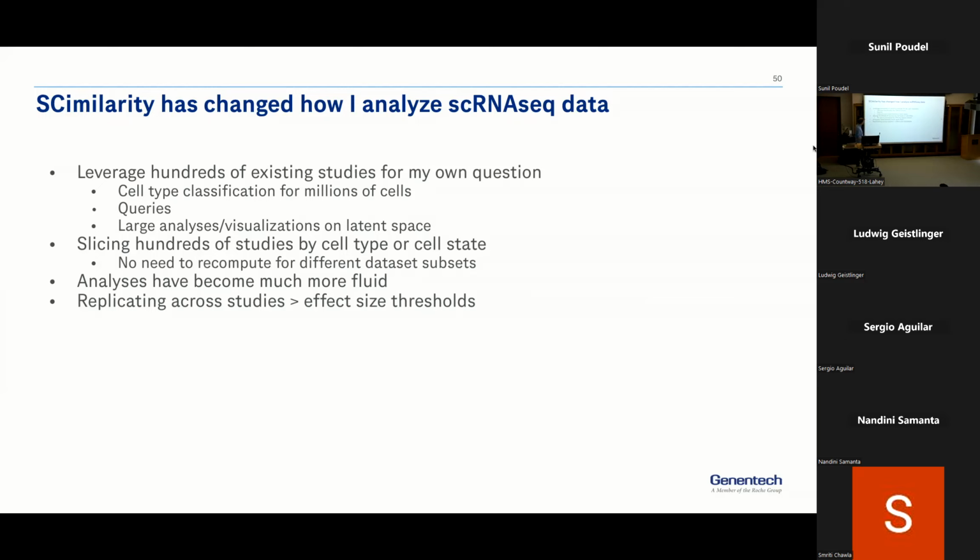I think that my analyses have become much more fluid. So the embedding works on a per cell basis, and if you want to subset that, you can subset that. You do not need to recompute anything. If you want to add in a new data set that you just collected today, you don't need to recompute this embedding. This model is trained to be general. So in theory, I hope that everyone in this room wants to go use it, but no one actually has to retrain the model for their specific case.